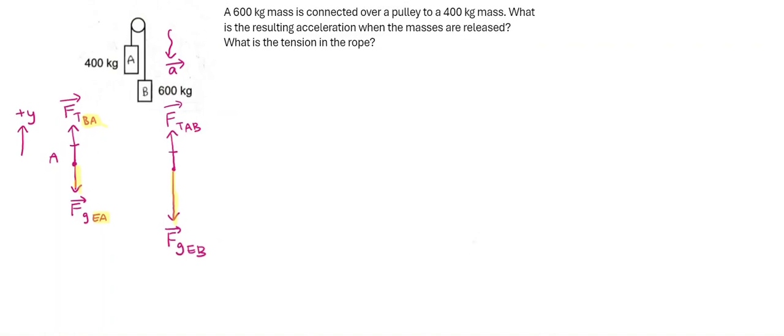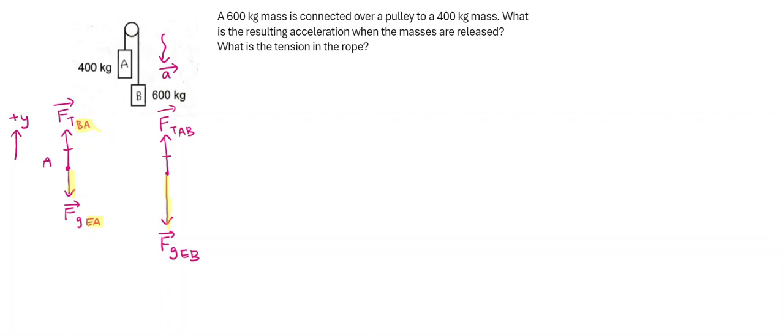Also notice how I've drawn the arrows. I've drawn this arrow to be a bit longer than this one because there's greater mass for object B, so it's going to have a greater force of gravity. So the longer the arrow is, the greater the force.